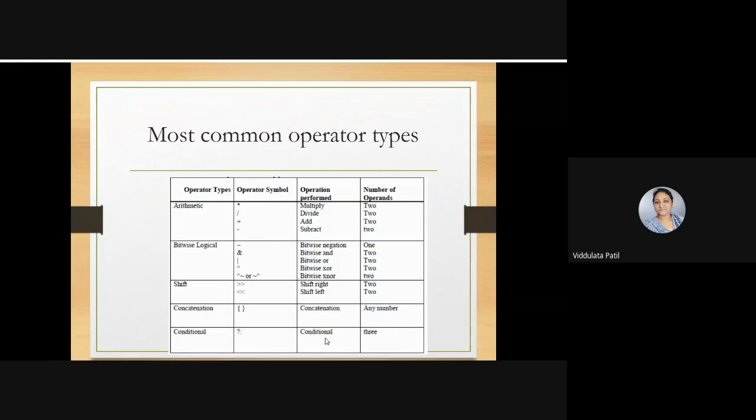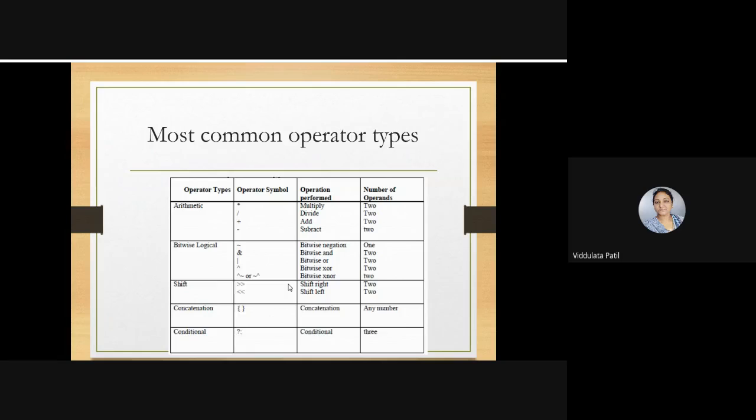The condition is written before the question mark, and after the question mark comes the first expression, which is taken if that condition is true. If the condition is not true, then there will be a colon, and whatever expression we need to execute will be after the colon. So for the conditional operation we require three operands.